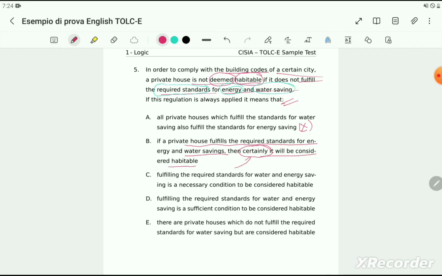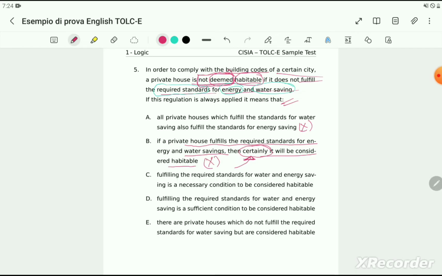Look at this word, certainly. Can we say that? There might be other conditions too. Maybe they fulfill the energy and water savings, but there might be other problems that we don't know. So certainly we cannot say from here, because the words here, not deemed habitable, don't represent certainty, so we have to omit that.